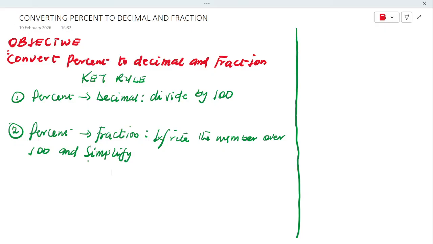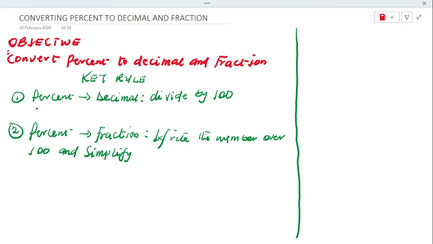With that said, let's look at some key rules that we'll be applying under the conversion of percent to decimal and fraction. The first rule says that if you are converting a percent to decimal, you divide by 100.